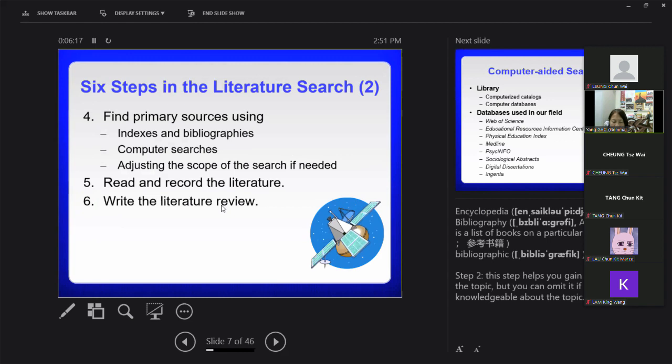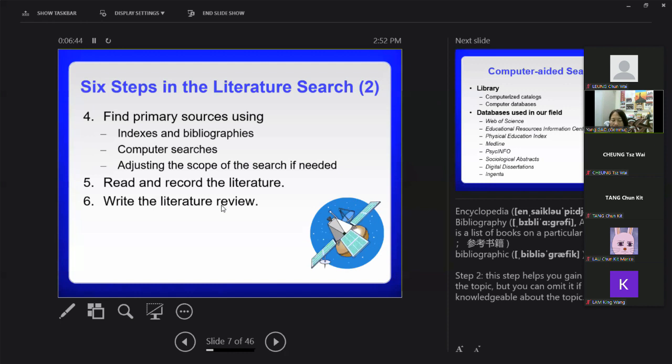As I mentioned, step 4 is to find the primary sources. Using the keywords, you can search the primary original studies by using the index or bibliographies, or by conducting a computer search.